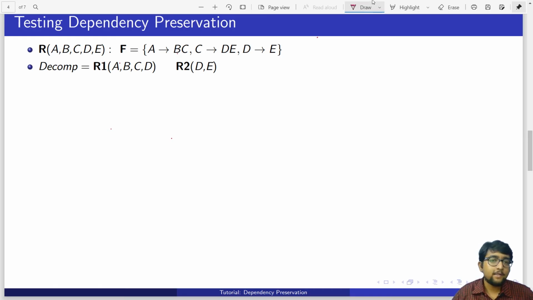Okay, so this is our next example. We will proceed accordingly. We will first find the closure set of functional dependency on R1 and then on R2, and then we will do the union and check whether the functional dependencies are holding or not, right?